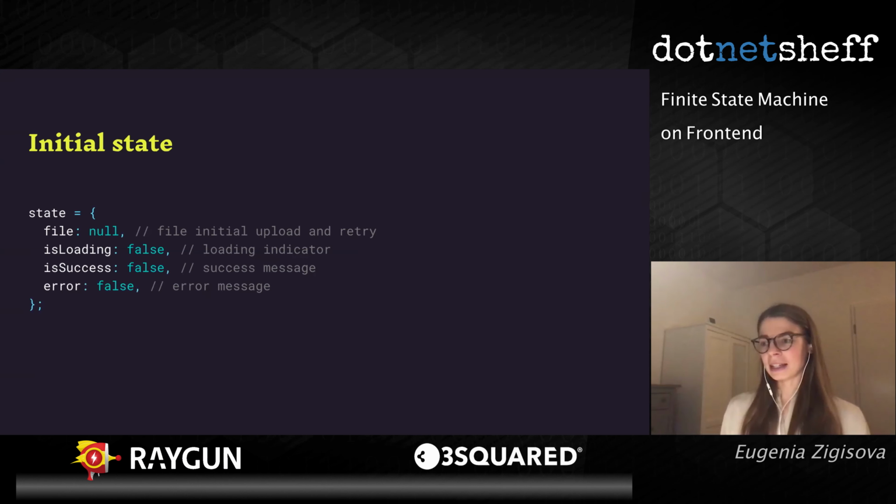Firstly, we would define different states, for example, file. We need to store the file in order to be able to retry with it. And we need an isLoading variable to show the loading indicator. isSuccess is also needed to identify if it was successful, and the error message also needs to be stored.